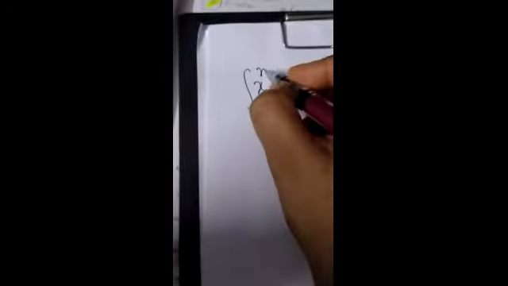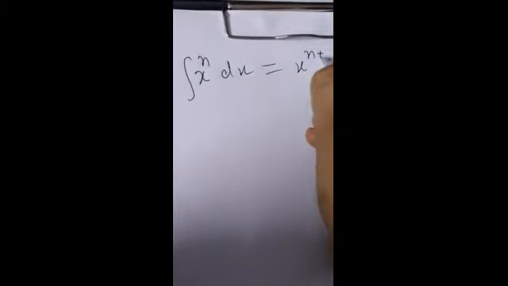It means if I ask you to find the integration of x power n dx, you will say x power n plus 1 divided by n plus 1 plus c.